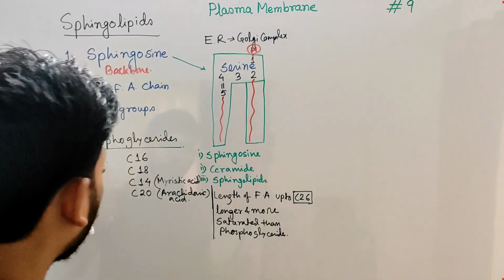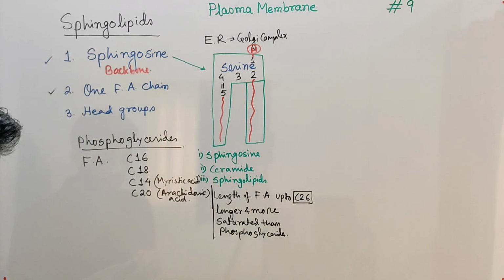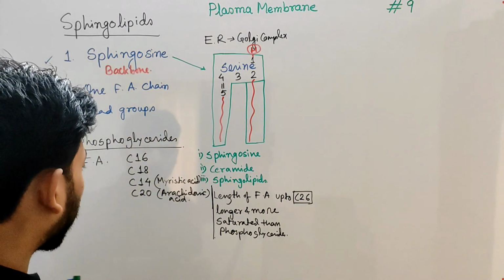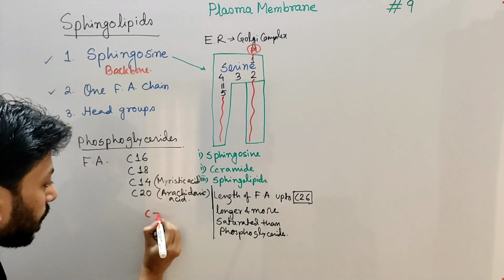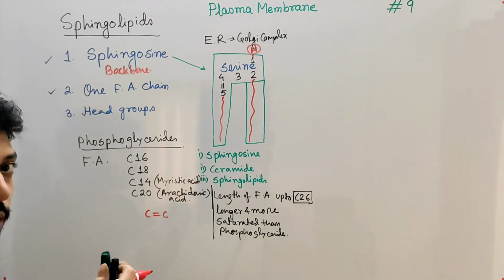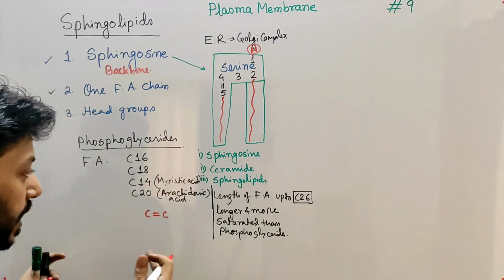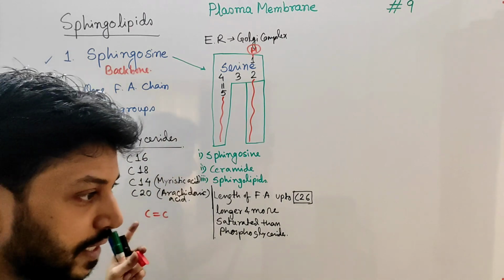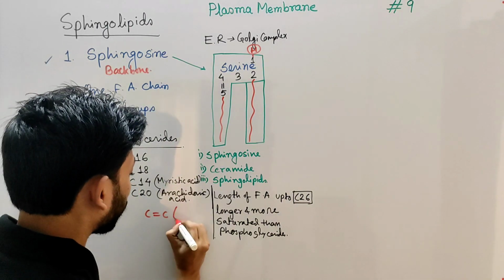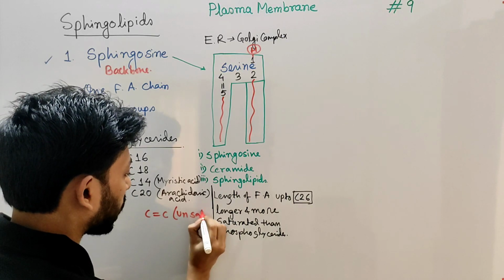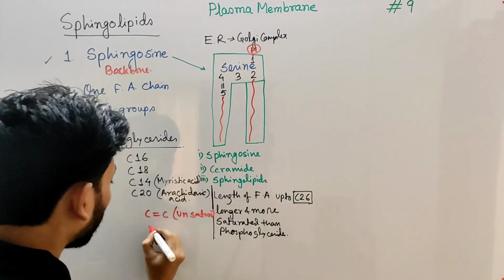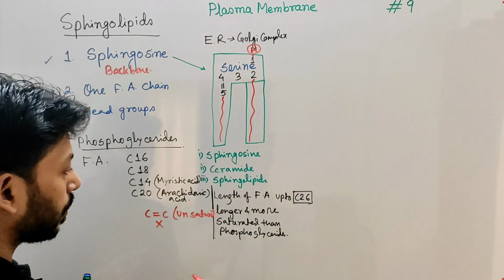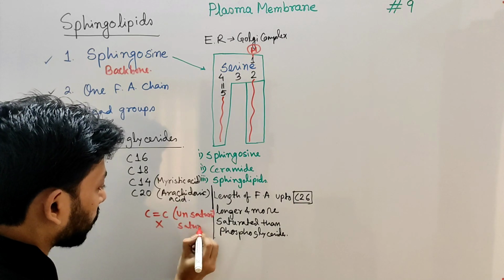I have also discussed in my phosphoglycerides video that fatty acids can have C double bond C, meaning carbon-carbon double bonds. Those fatty acids that contain C double bonds we call unsaturated fatty acids, and those that don't contain C double bonds we call saturated fatty acids.